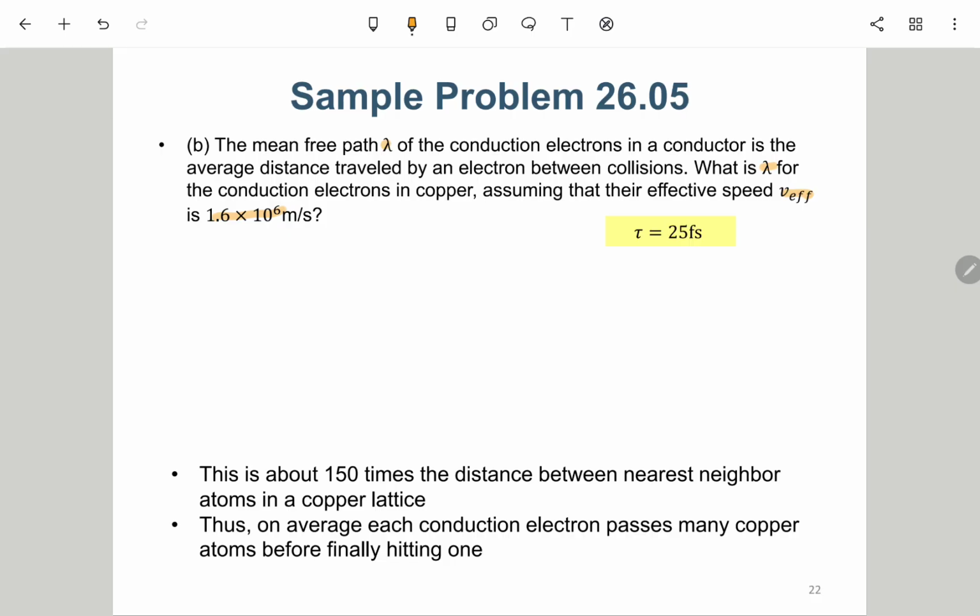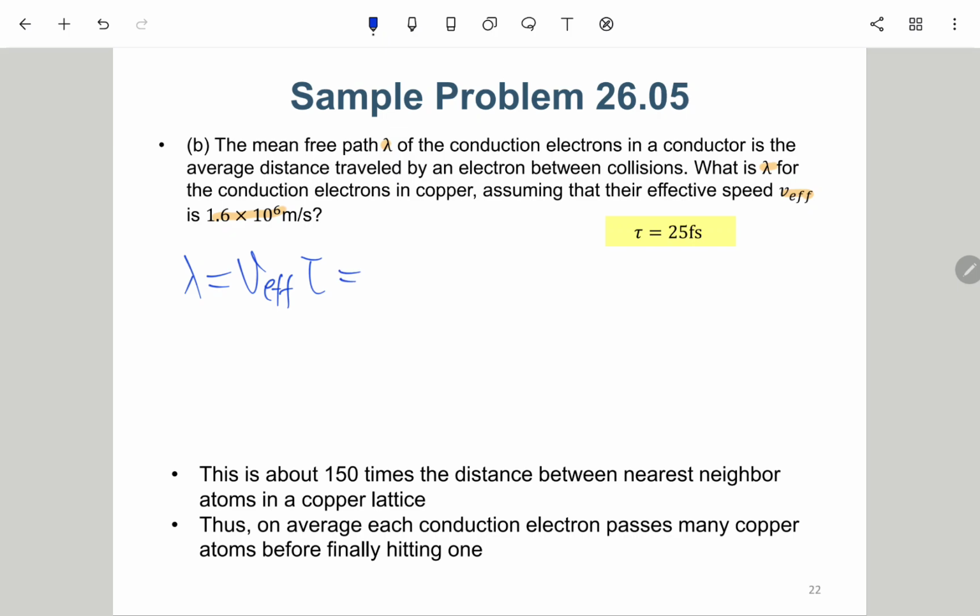Lambda is the length, so it is the speed times the time, nothing but s equals vt.